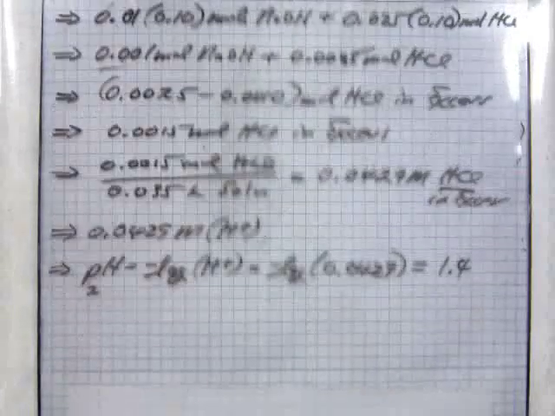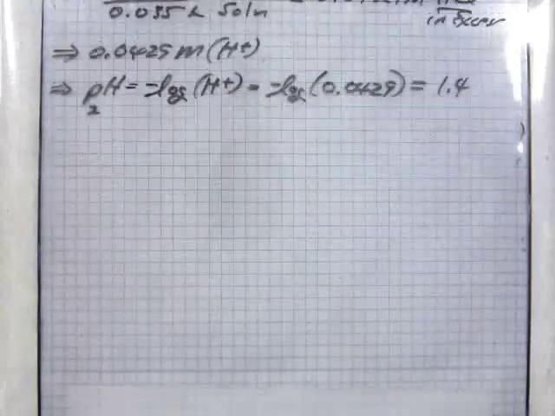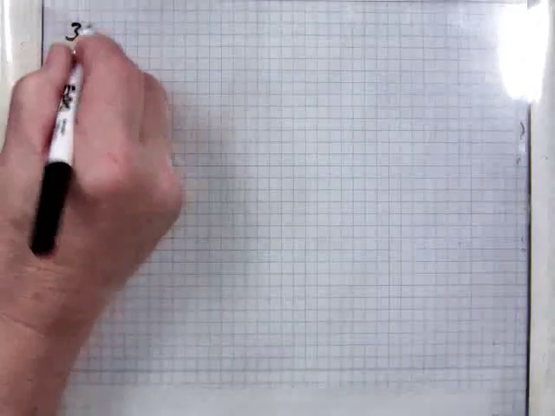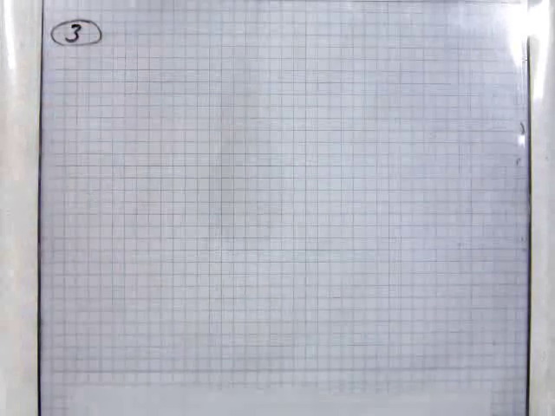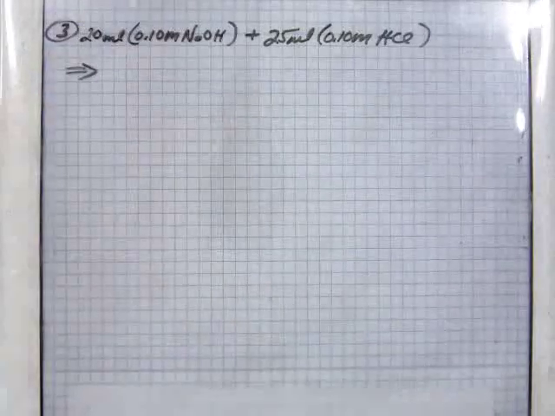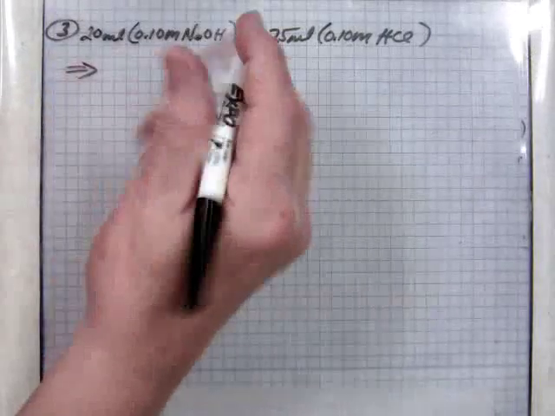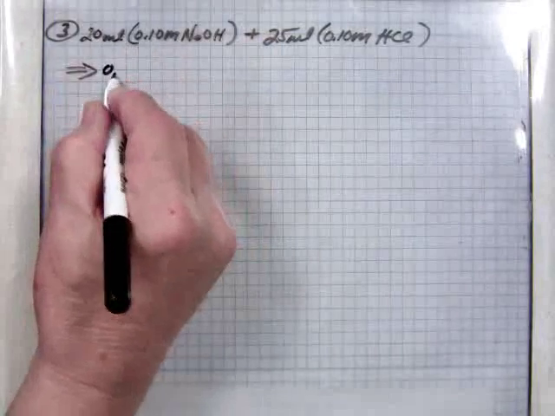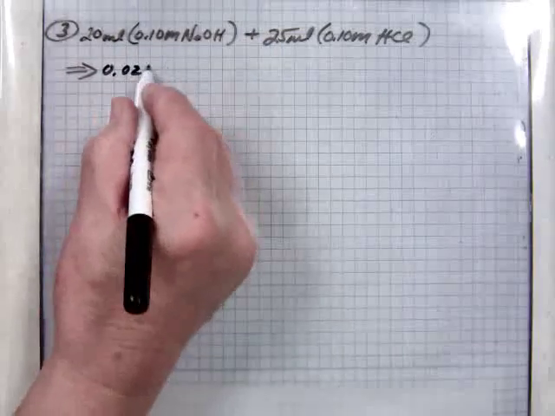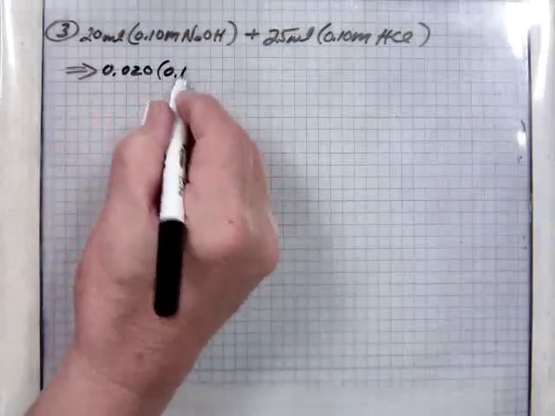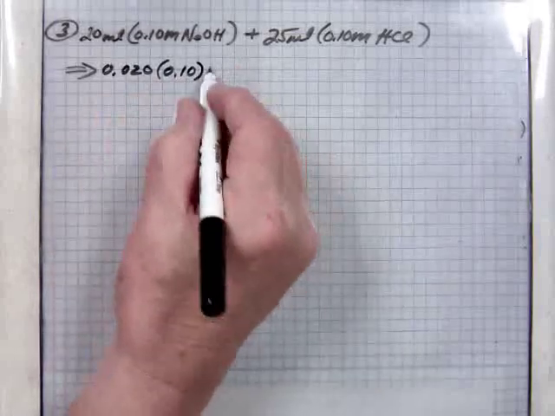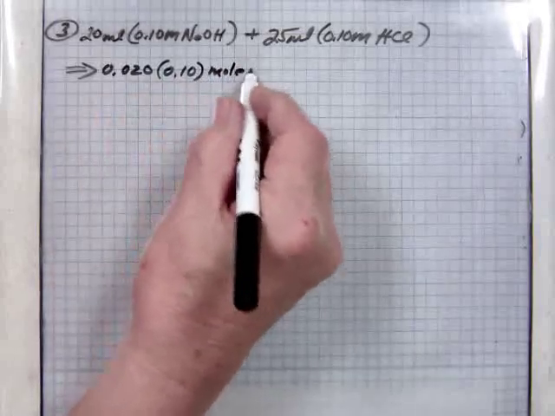So converting this data to moles is 0.020 times 0.10, and that's moles. Notice how I tag it with moles.